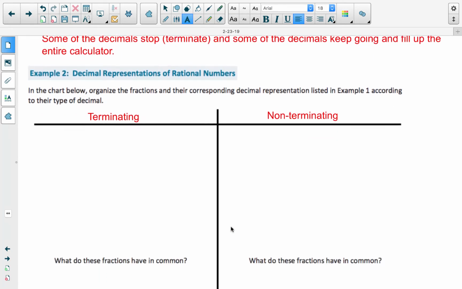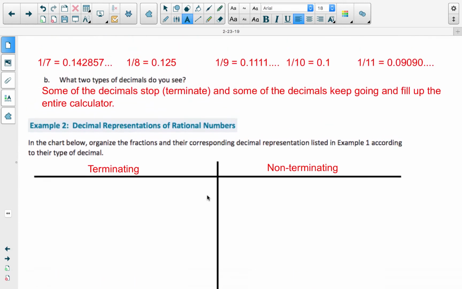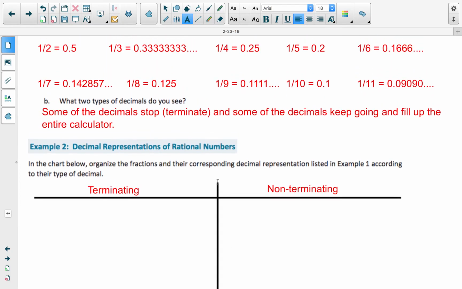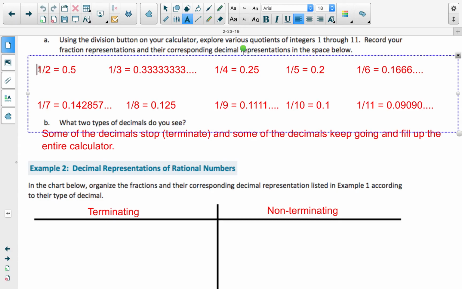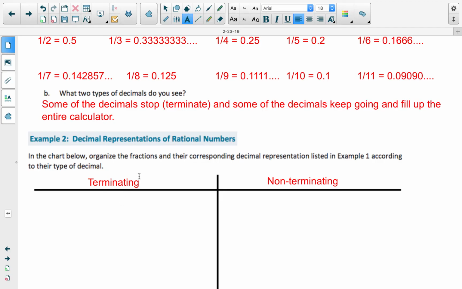So with that said, for example number 2, you are going to organize these 10 fractions and their corresponding decimal representations. If I wanted to categorize this, you would write 1/2 equals 5/10, that entire equation, into the correct column. Now, keep in mind, terminating means stops.